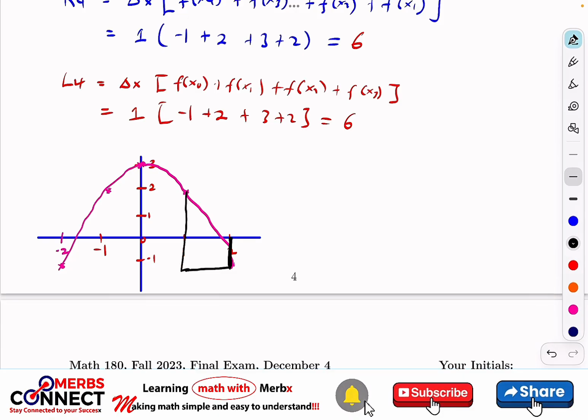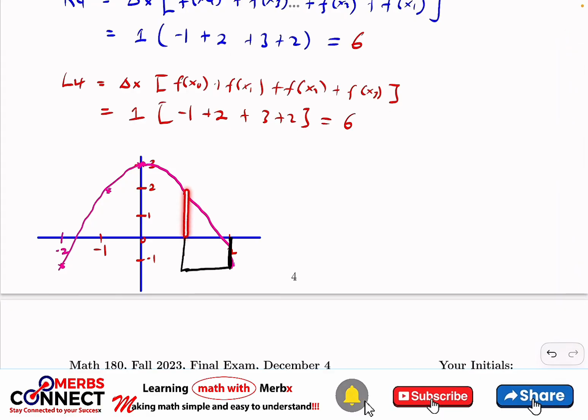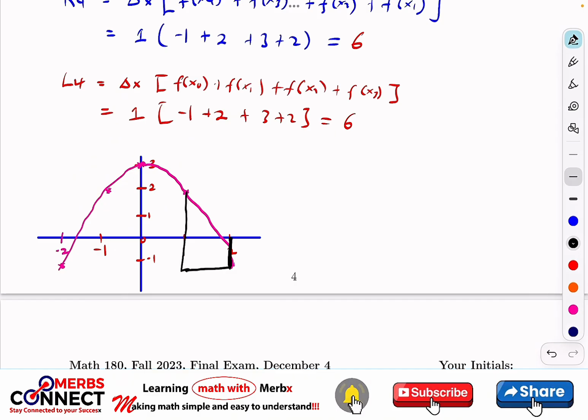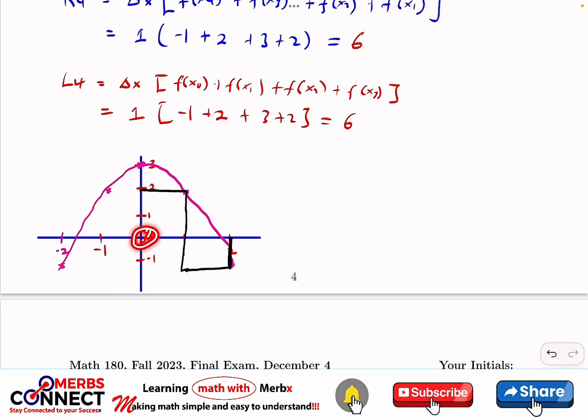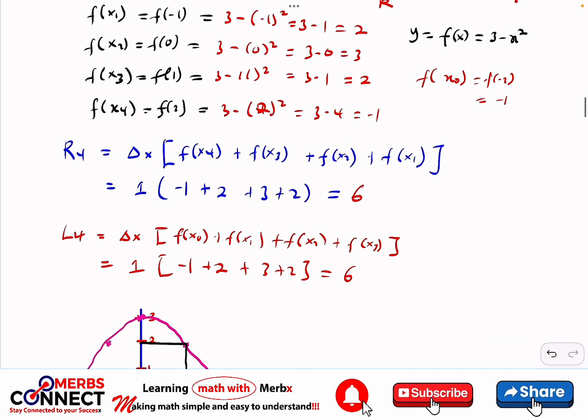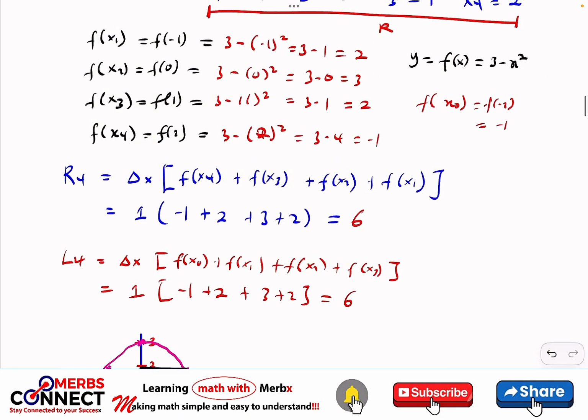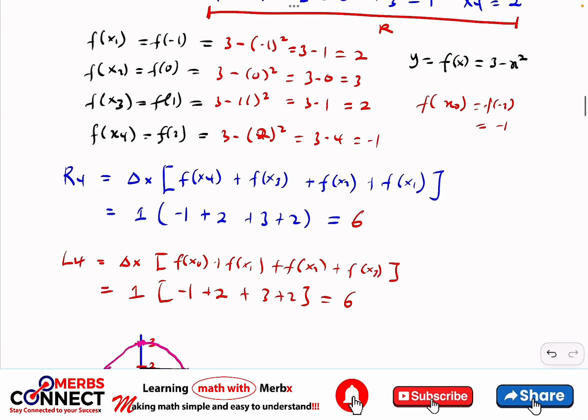I'm just joining them because the height should be from here to here. Then I move to the next grid point, which is going to be this. Then I ask myself, what is the height for 0? The height for 0 is going to be 3.